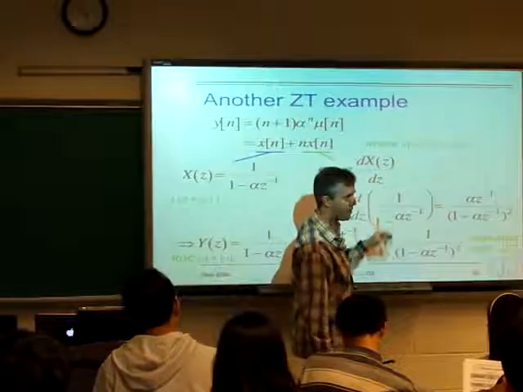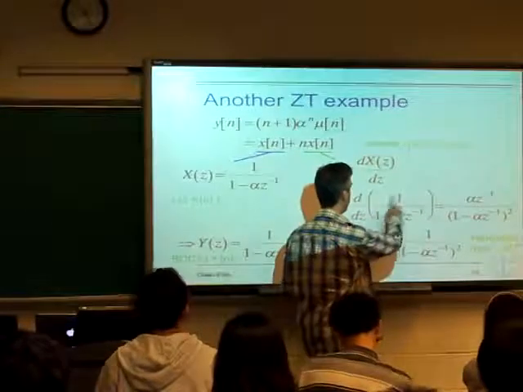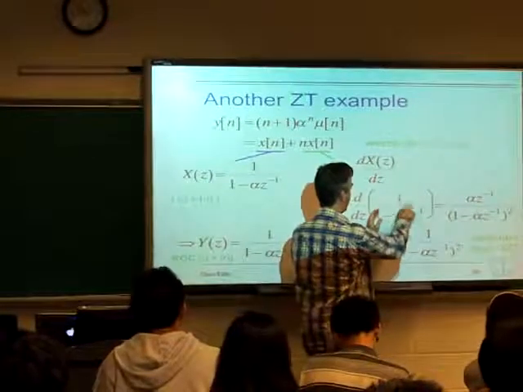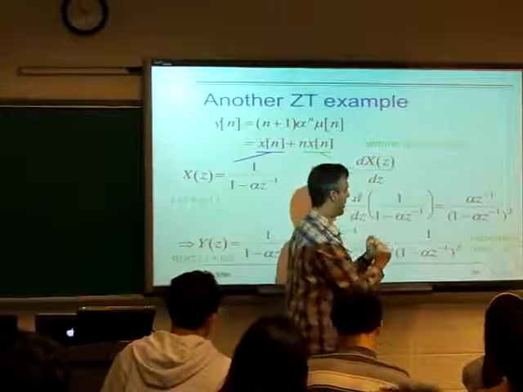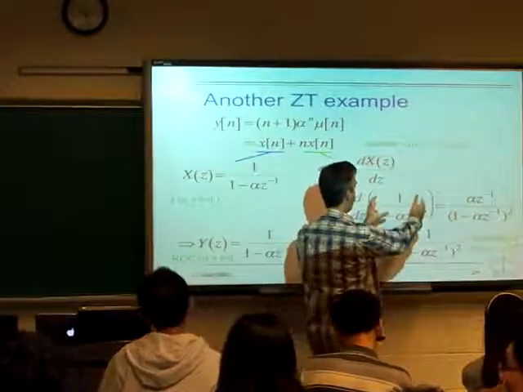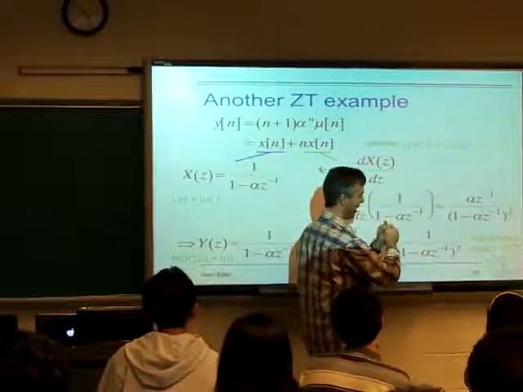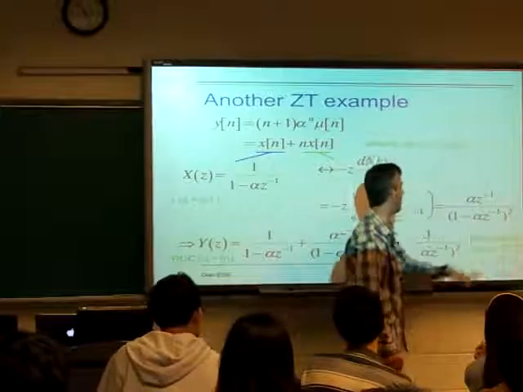We can do the derivation by parts. So d by dz of this is d by d of this fraction times d by dz of the denominator here. So d by d denominator of 1 over denominator is minus 1 times denominator to the minus 2.